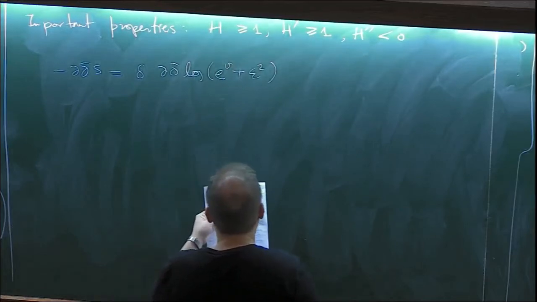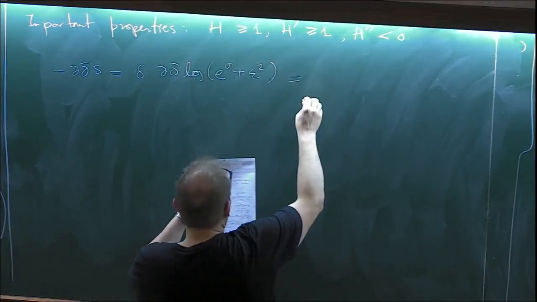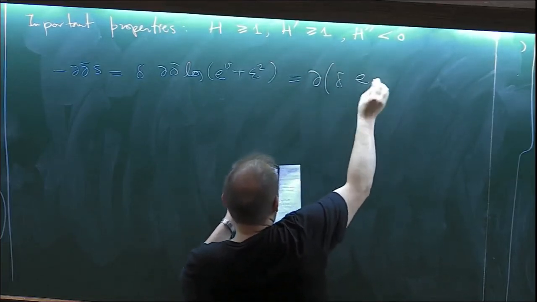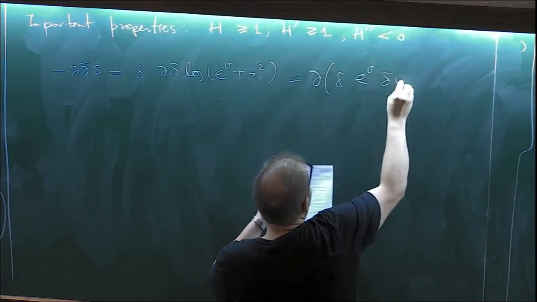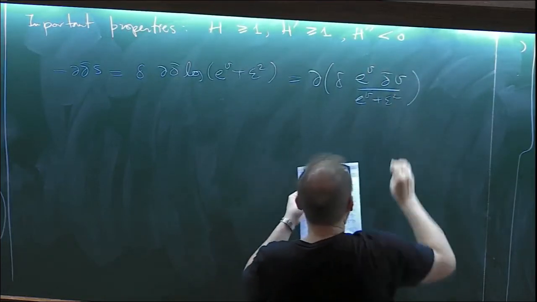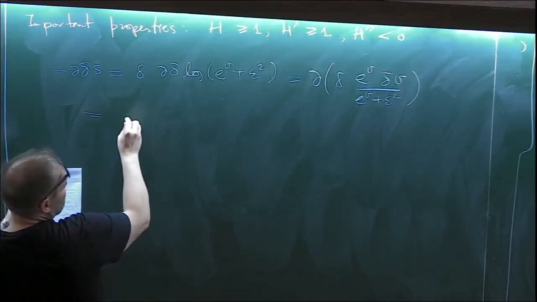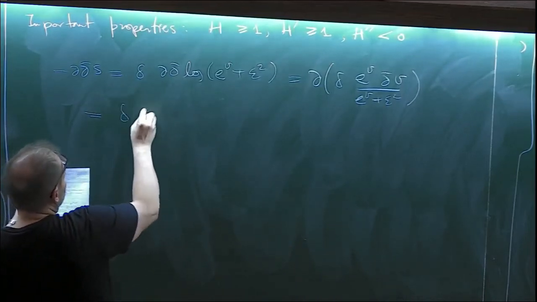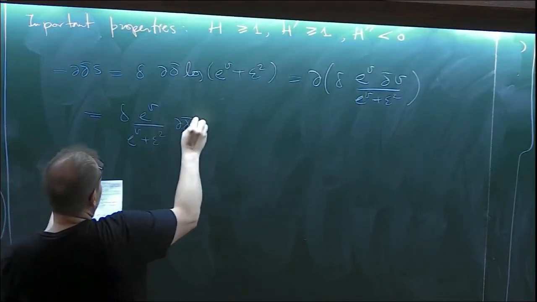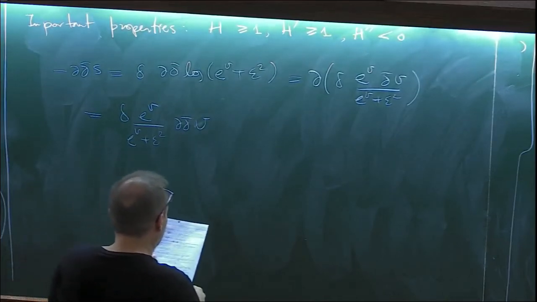And here there's still some clever calculating, partly reverse engineered. So it's e to the v d bar v over e to the v plus epsilon squared. And so this is going to be delta e to the v over e to the v plus epsilon squared dd bar v. This is an important term. And we have to deal with the rest.